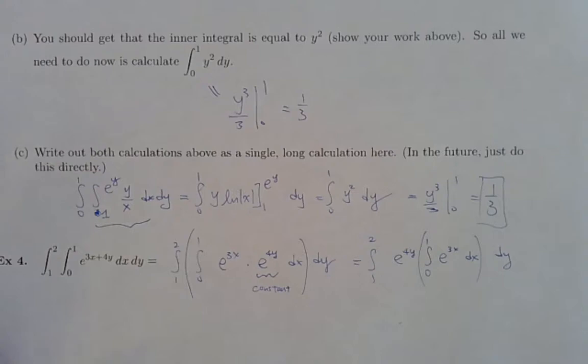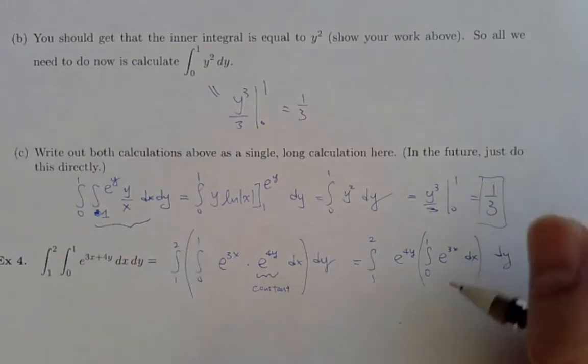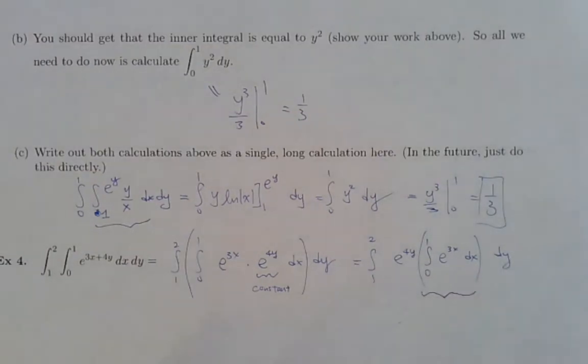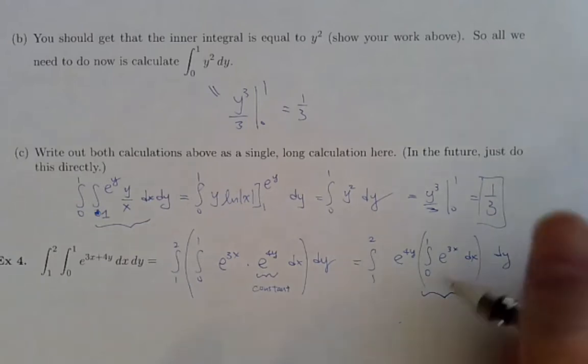The nice thing about doing this is, let's think about this. If we integrate e to the 3x, don't do it. I know you know how to integrate it, but don't do it. And then we evaluate from 0 to 1. This is a number, right? This is a definite integral, and it's a number. So in other words, it's a constant.